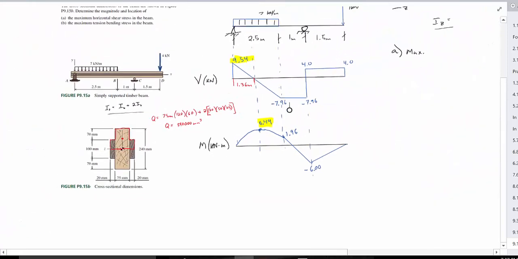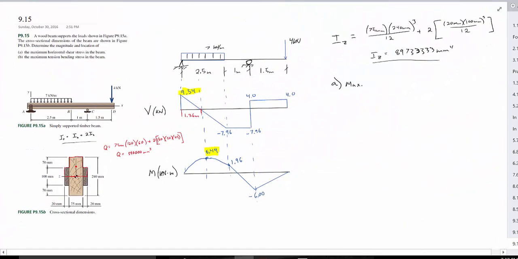Okay, so coming back, sorry, I'm kind of jumping around here. Our max shear stress, so tau max, is going to equal QV over IT. The Q we've just determined is 590,000.